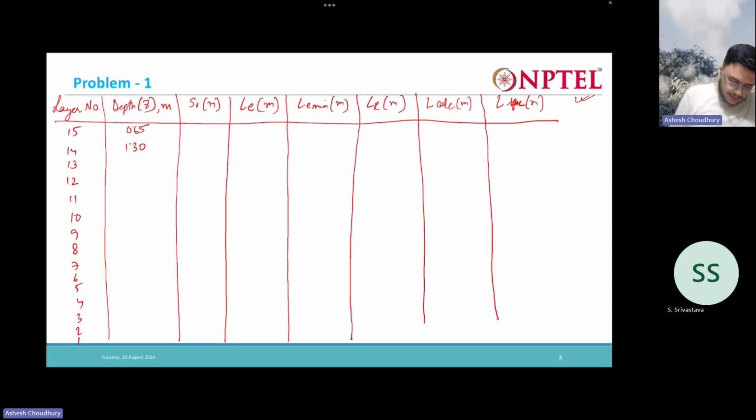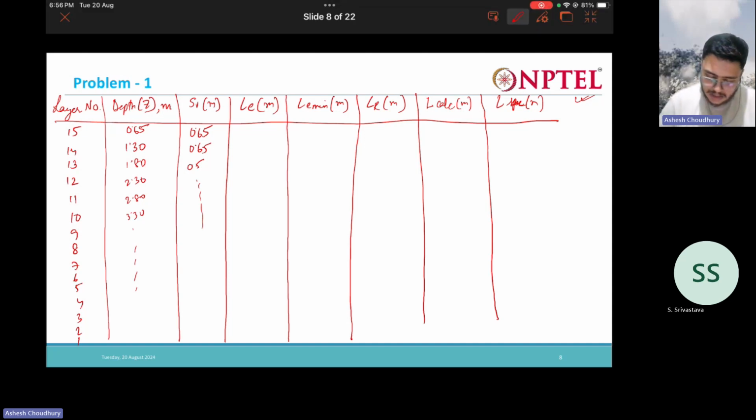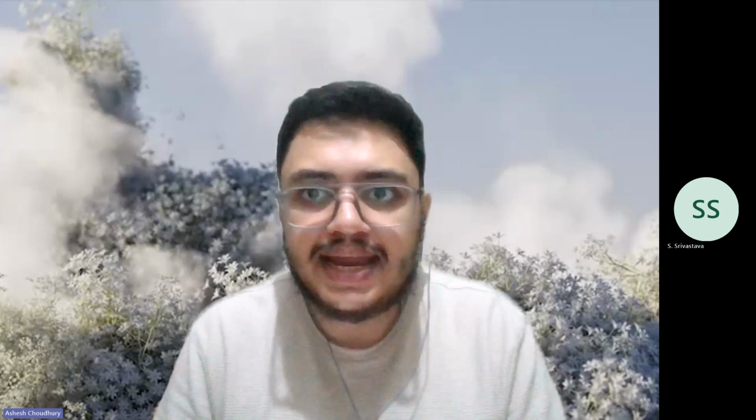So I will just write it down. Like this we need to fill it up, and then we have the spacing. So I will just stop the screen share from here and share an Excel sheet, so that we can do that in Excel.